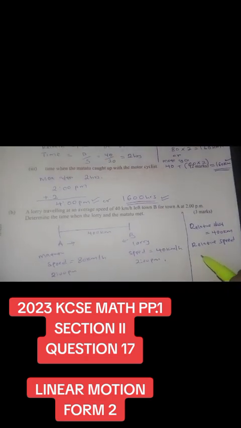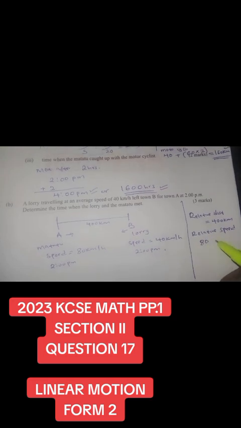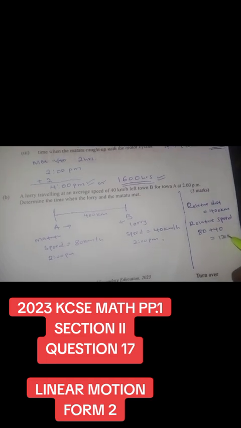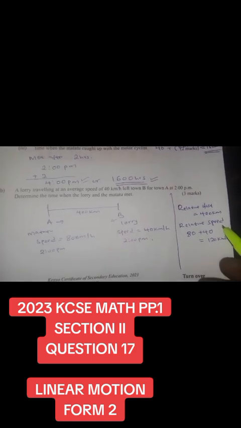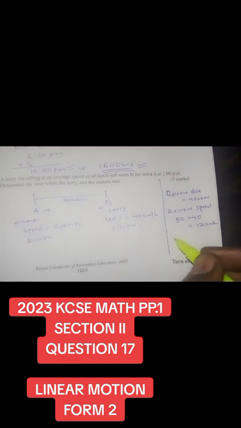So here the speed is 80 plus 40, which is 120 kilometers per hour. Then what is next? I have relative distance and relative speed. I don't have the time in which they met. So time is equal to distance over speed. Therefore 400 divided by 120.